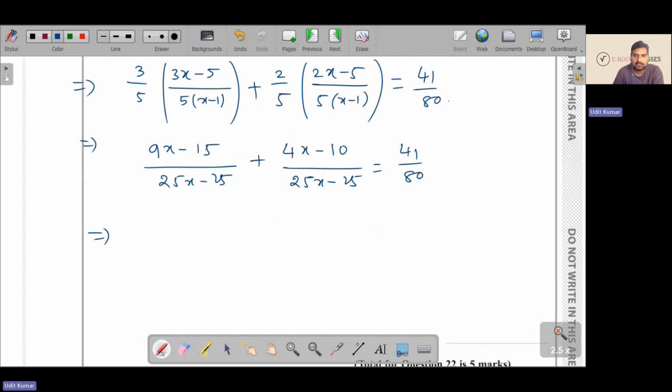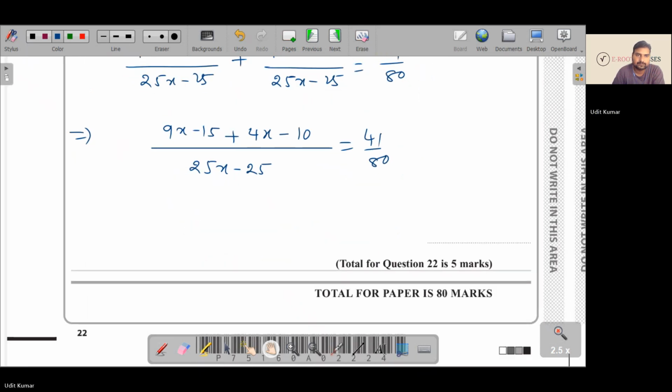Now the denominators are the same, so we can add the numerators: 9x minus 15 plus 4x minus 10, over 25x minus 25, equals 41 over 80.